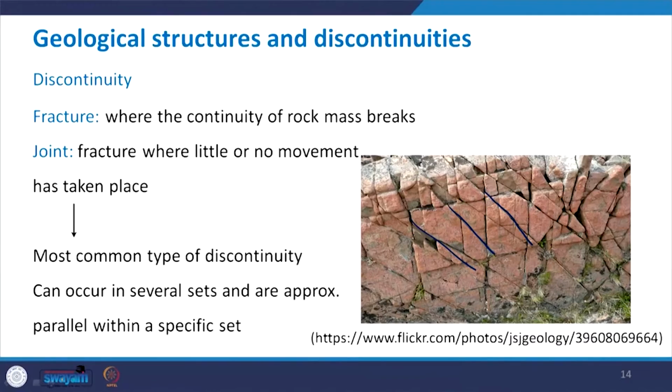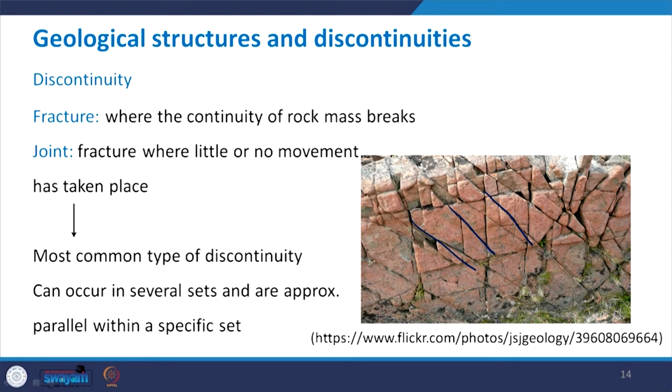Now, when we say discontinuity set, they represent the series of discontinuities that have the same geological origin, same orientation, spacing and same material characteristics.